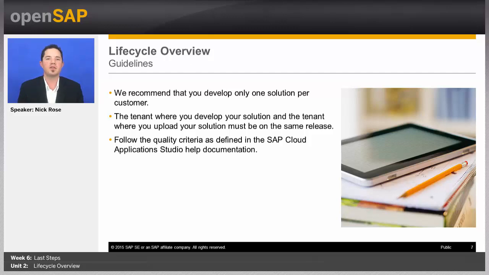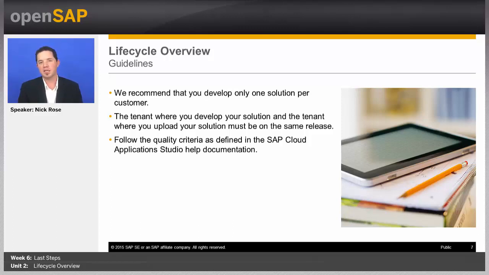Another guideline: anything that you develop should always be within the same release, especially when you upload. For example, if I develop something in 1502 right now, SAP Business ByDesign 1502, I can't deploy it to 1411. We talked a little about this at the beginning as well. One period where you might see this is during an upgrade period, where your test tenant has been upgraded and production is not upgraded yet, maybe for a week or two.